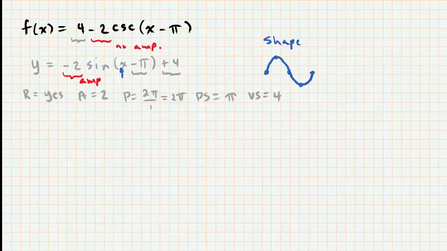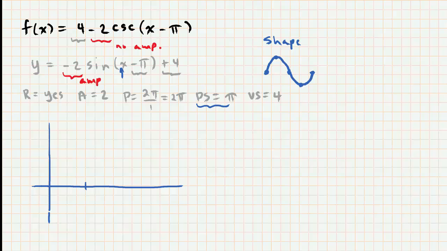So let's get started. The vertical shift is 4, so we want to keep that in mind when we draw our coordinate system here. So I'm going to put the y there and the x here. And let's go ahead and start with the phase shift. We always start with the phase shift. That's going to be the left endpoint of the first period, or the principal cycle.